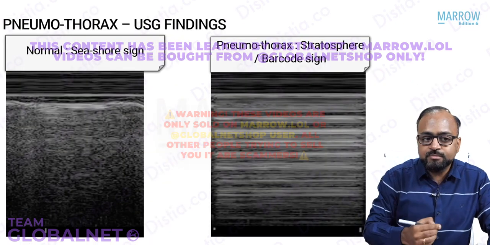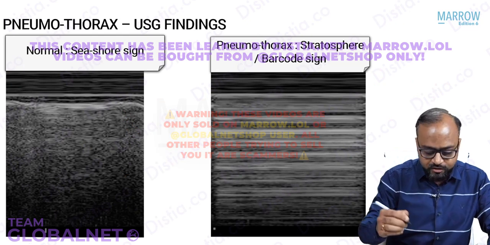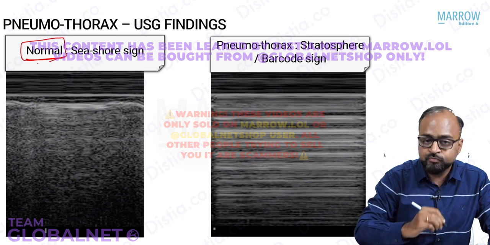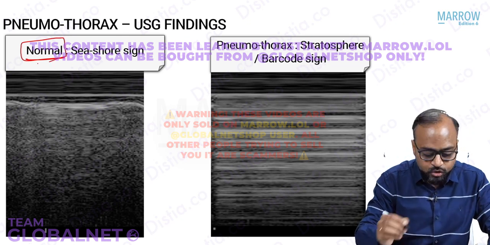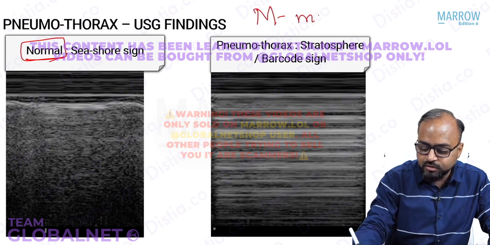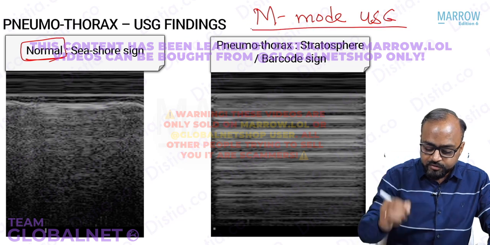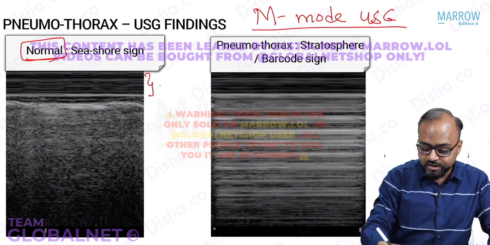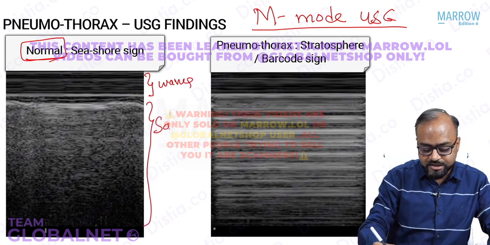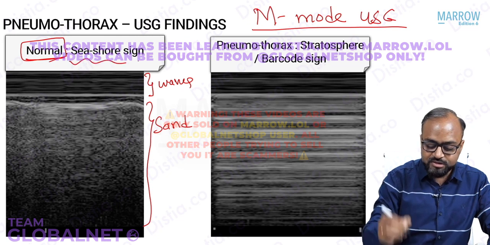Now look at the first image of the seashore sign here. If you remember, I have told you that this is seen in normal patients, the normal USG thorax on M mode. So both these signs are seen on M mode ultrasound, where the chest wall layers create the waves and the lungs create the sand-like appearance, and this is called the seashore sign.